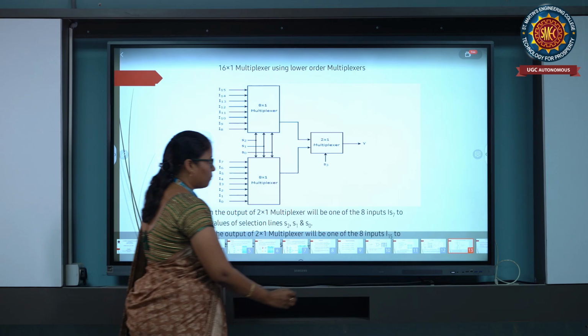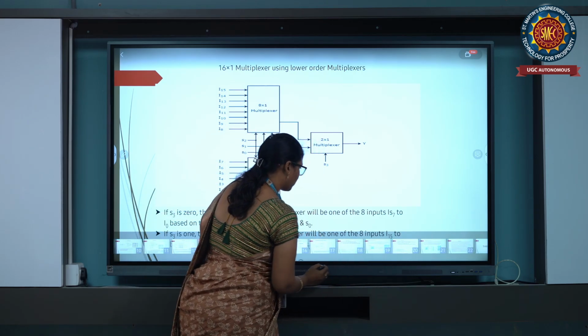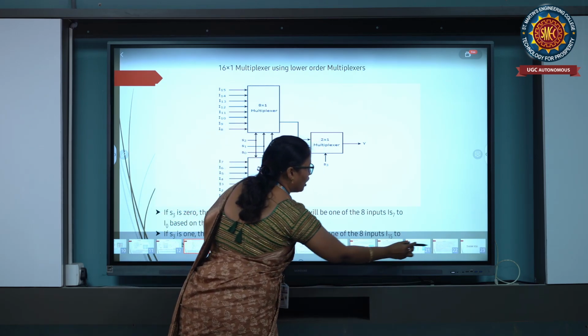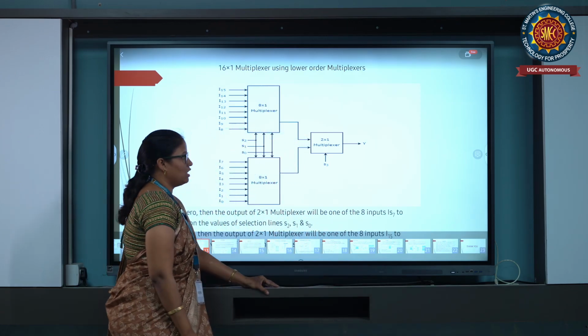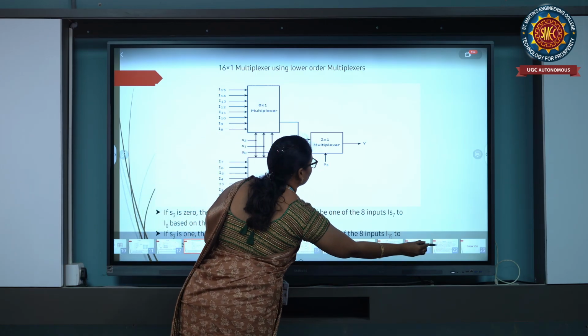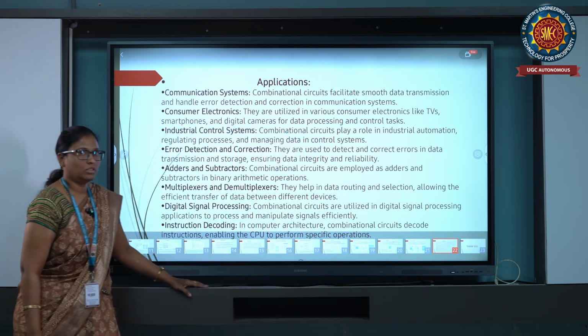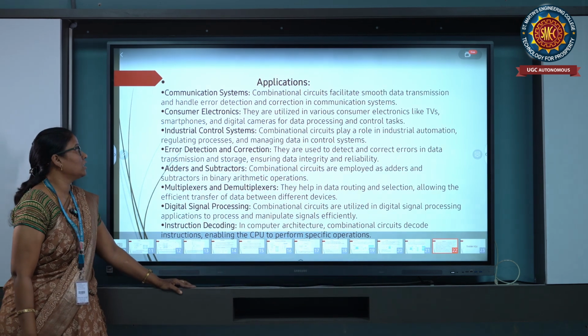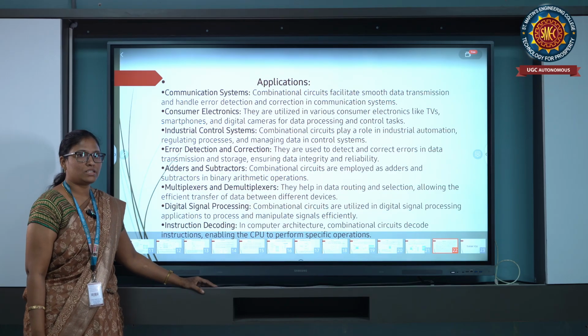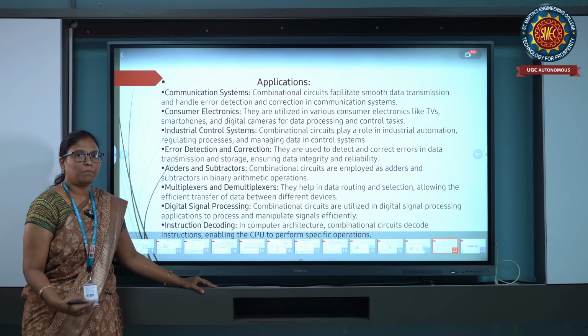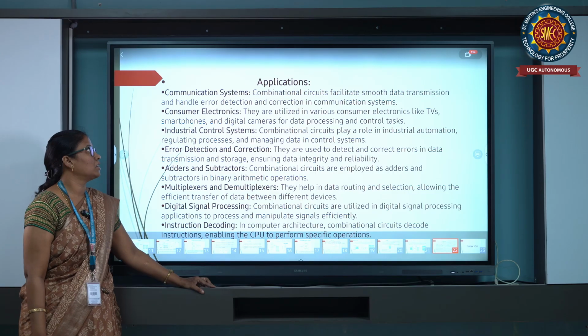Now let us see the applications of these combinational circuits. They have many applications in many fields.